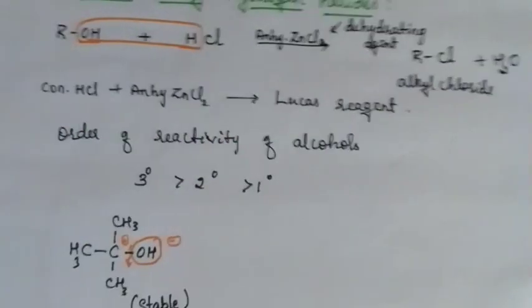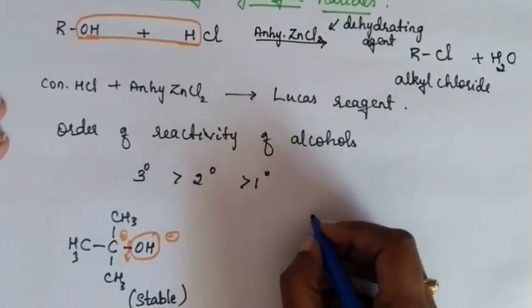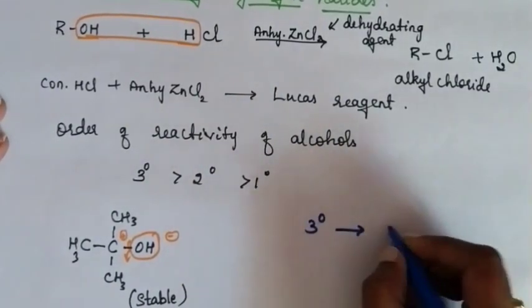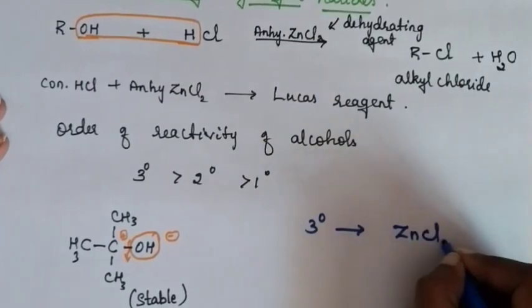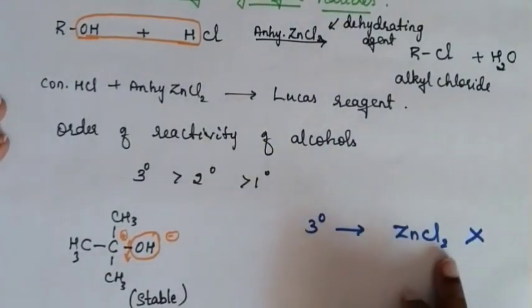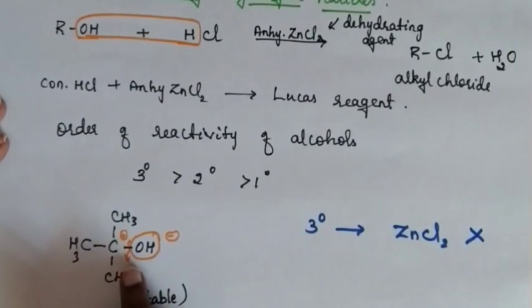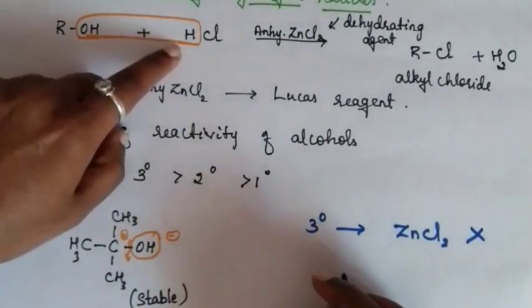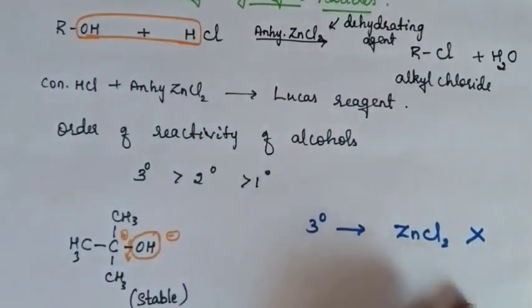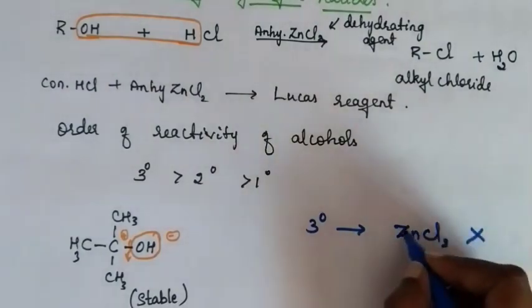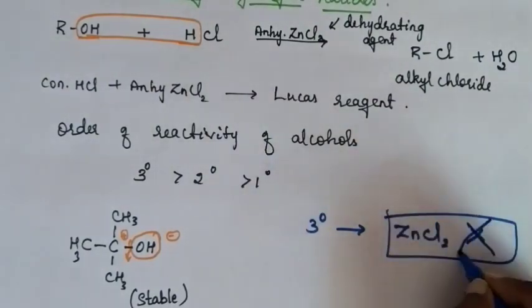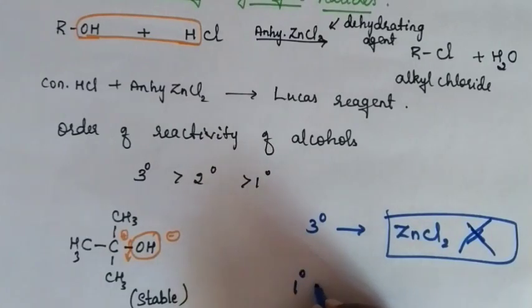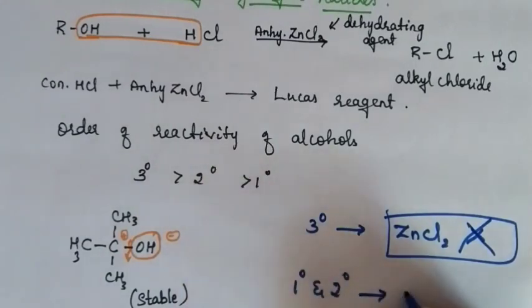Understood this? When you do the reaction for tertiary alcohols, there is no need of using ZnCl2, because tertiary alcohol forms a stable carbocation. So when you just shake this alcohol with HCl, you get the product very easily without ZnCl2. But for primary and secondary, you must use ZnCl2.